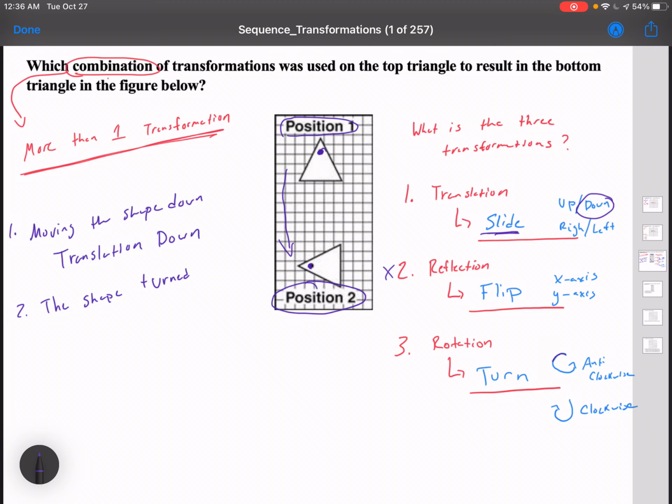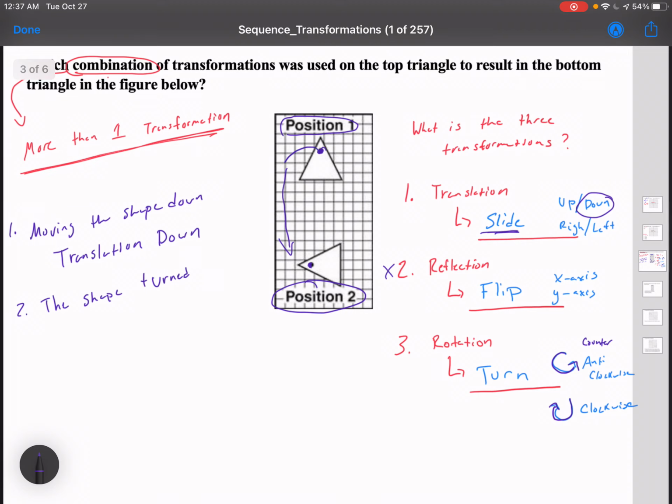Remember we said anti-clockwise was this way, or that's against the clock, anti-clock, or what we also know as counter-clockwise. Or did we go this way, clockwise? Did we go with the clock? To me, it looks like the dot moved in this direction, which looks a lot like an anti-clockwise movement.